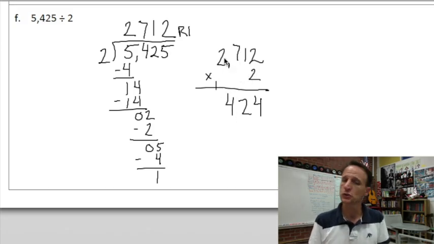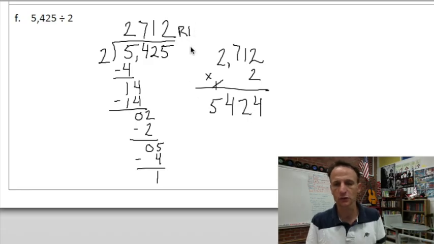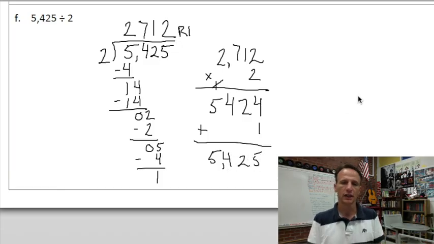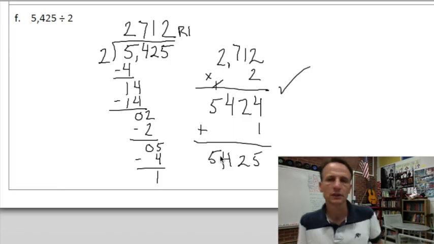And 2 times 2 is 4, plus 1 is 5. But that doesn't match because, of course, we still need to add in that remainder of 1 in order to get the complete dividend, 5,425. Beautiful. And it all checks out.